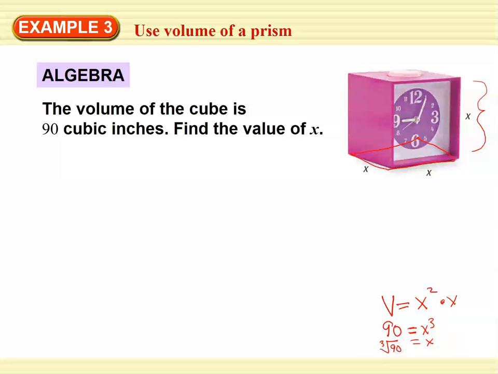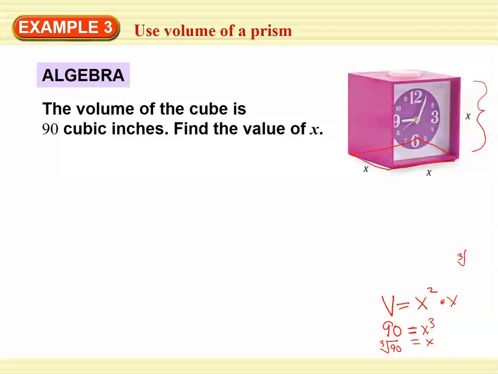Now, depending on the kind of calculator you have, there's going to be a little different ways of putting it. Some of you have a cube root button, so look at your calculator, see if you have a little button that looks like that. If you have a graphing calculator, look on the left side, 3 buttons down, there's a button that says Math.